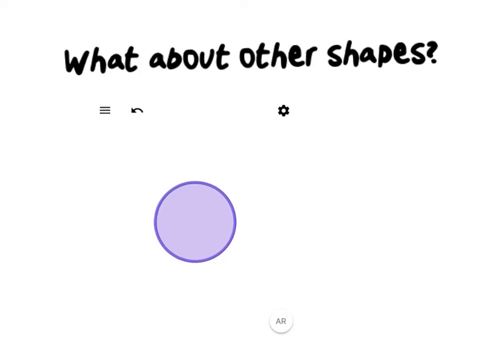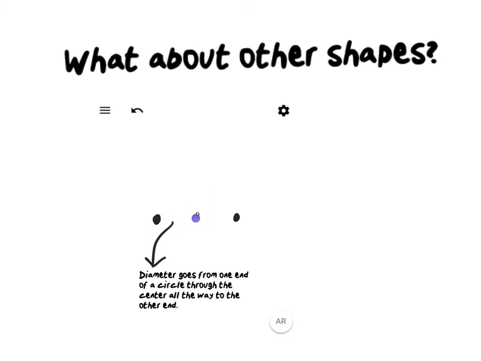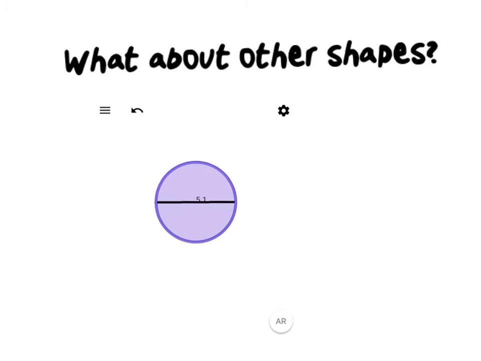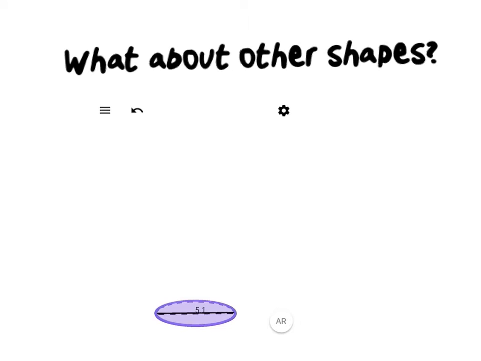So on your screen right now is a circle. This circle has a diameter of 5.1 units. Now, if I were to rotate it just a little bit and give it some height, I can create a cone if it meets at that one point at the top.